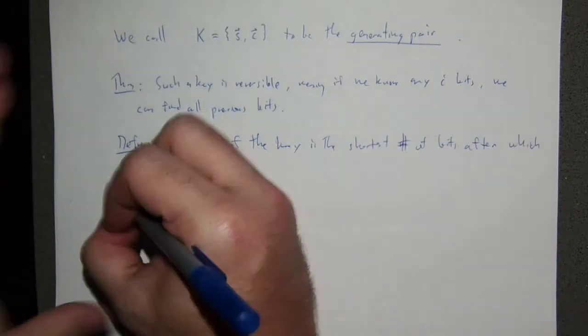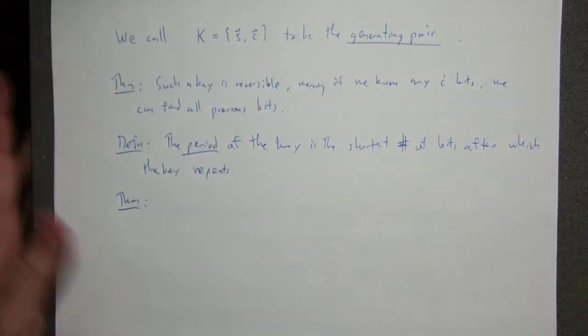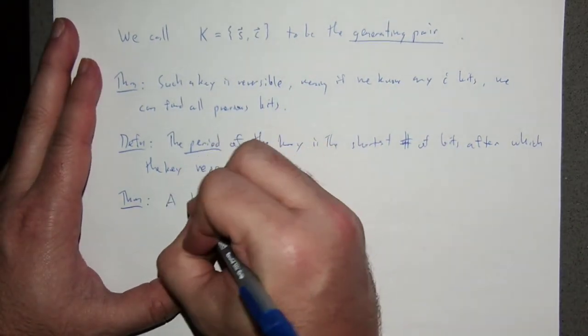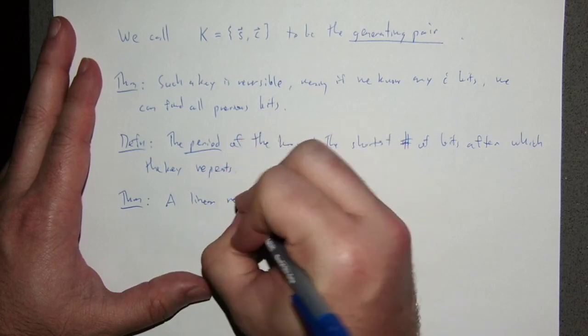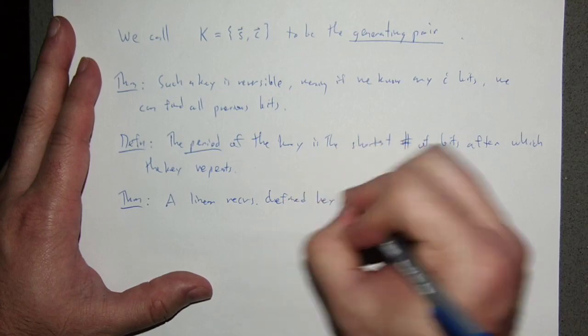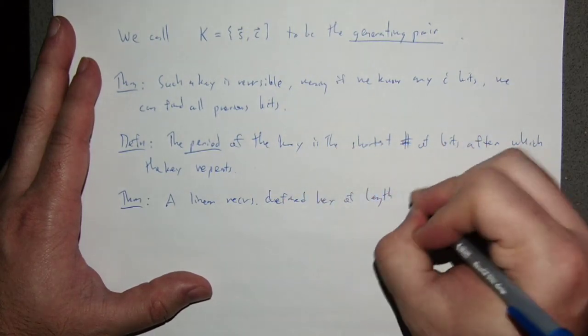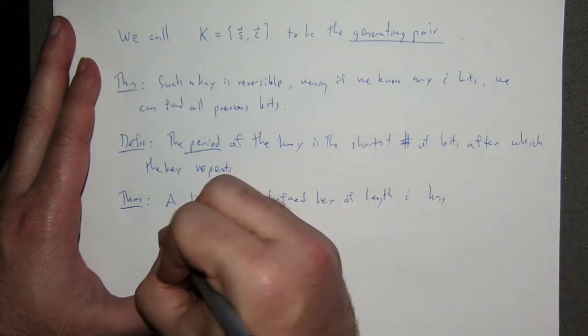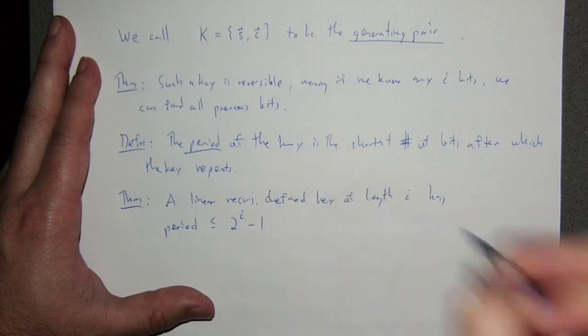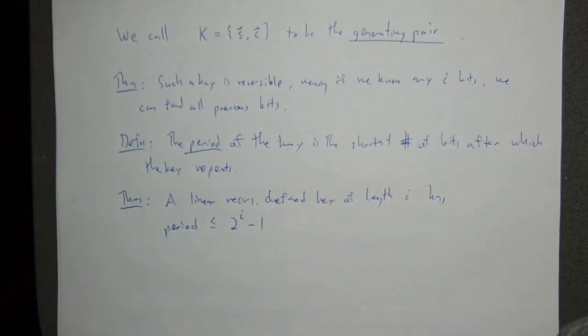And lastly, a linear recursively defined key of length I has period less than or equal to 2 to the I minus 1. Okay, so there is some relationship here, you might have guessed, but this is what it is.